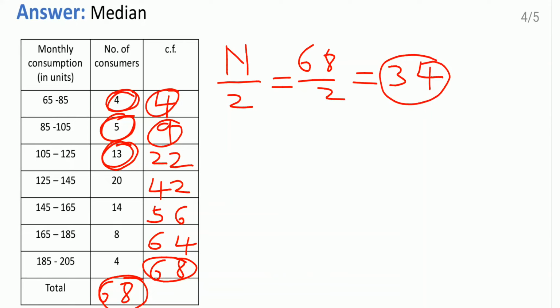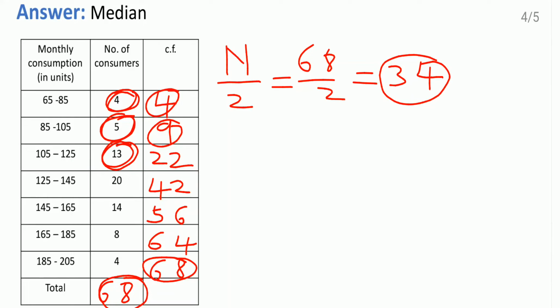See here, till 125 units of electricity, 22 consumers are using, right? The 23rd consumer will be in this class interval. So till 145 units of electricity, 42 consumers are using, right? It means that the 34th consumer will be somewhere in this class interval. Try to understand it properly, what I am trying to tell you.